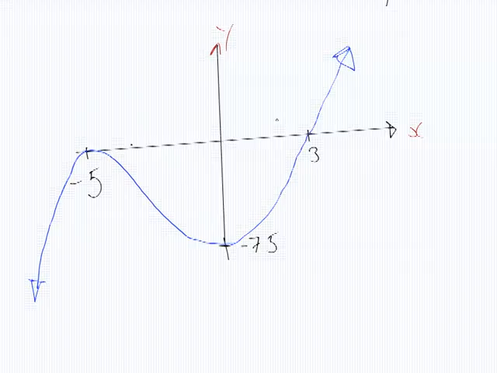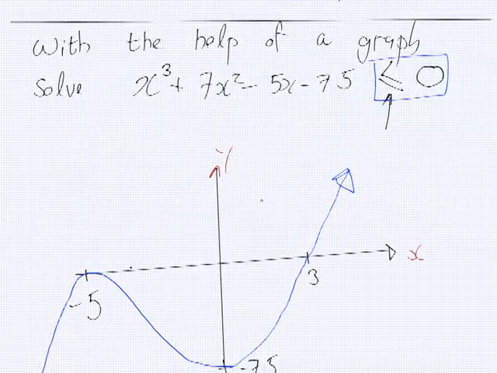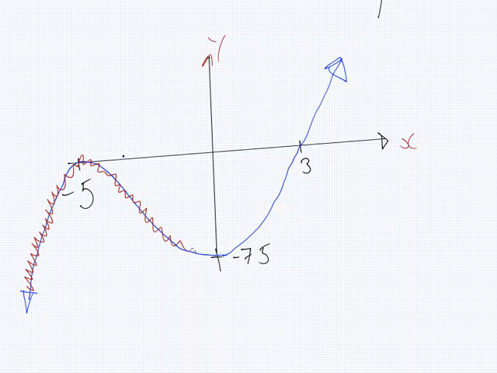Now, the question I was asking you was, when will it be negative? So if you look at the graph, here it's negative y. And then what happens here? It turns to positive y.